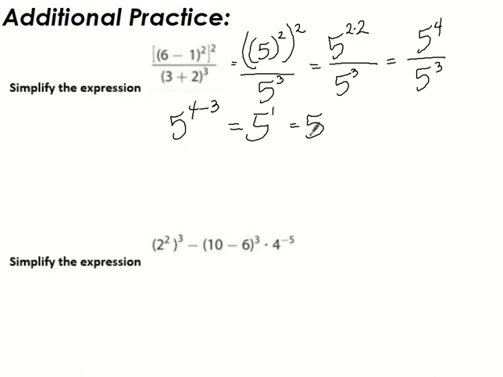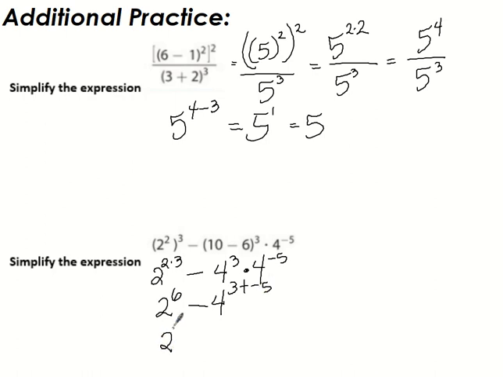All right, so I'm going to apply as much as I can. So this is multiplication. It's 2 to the second times 3. And then I'm going to go minus, well, 10 minus 6 is 4 to the third times 4 to the negative 5. So I get 2 to the sixth minus, I'm going to now apply my property, 3 plus negative 5.